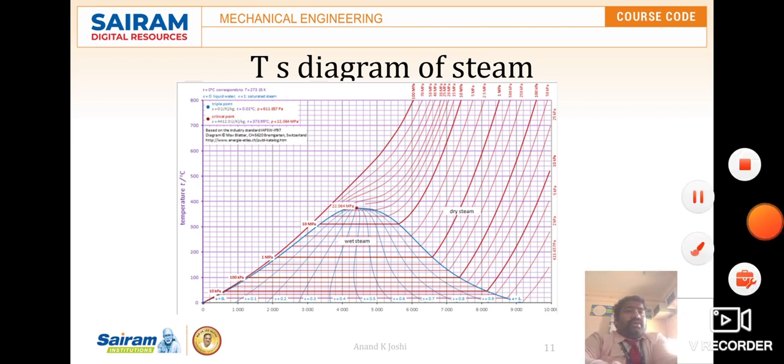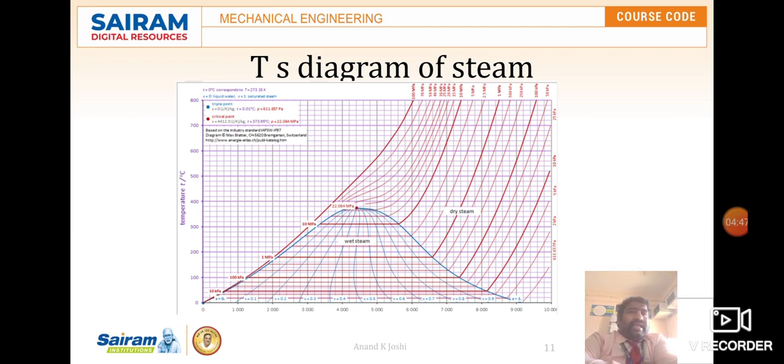This is how we understand the different lines on this TS diagram, the isothermal line and the isentropic line. These lines are helpful for solving problems.